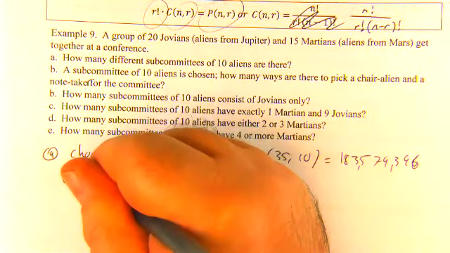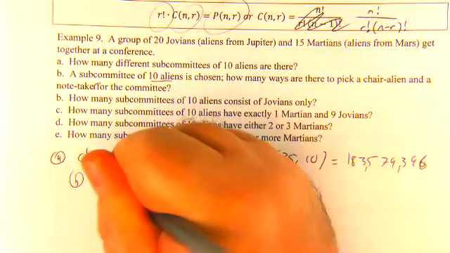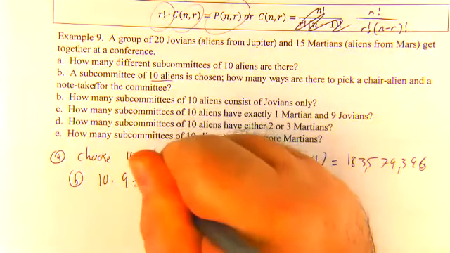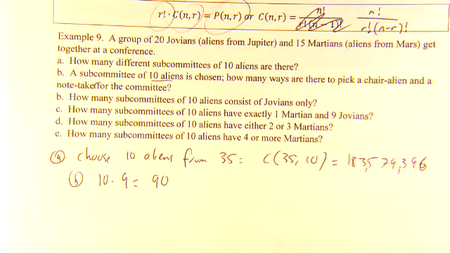So out of 10 aliens on your subcommittee, you have 10 choices for the first one and 9 choices for the second. So there's 90 possible ways to pick a chair alien and a note taker for the committee. And here the order matters, because who does what is what matters.